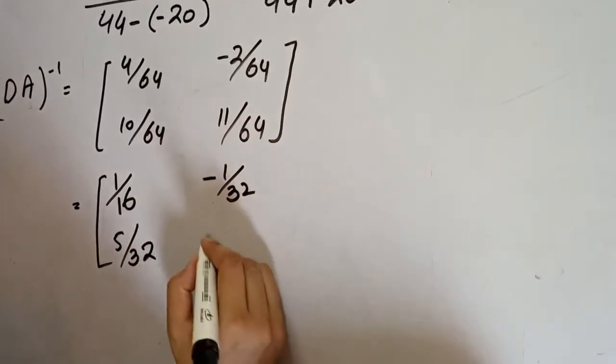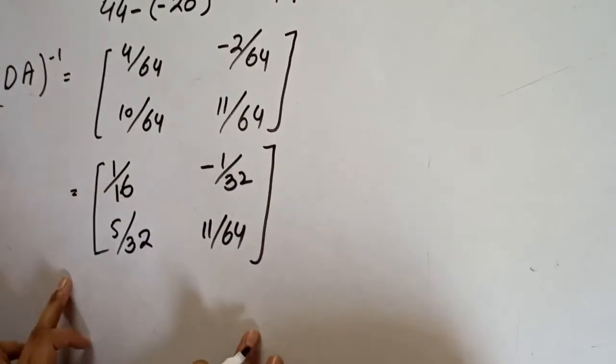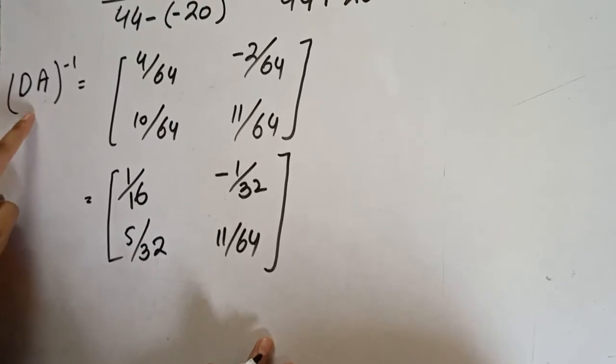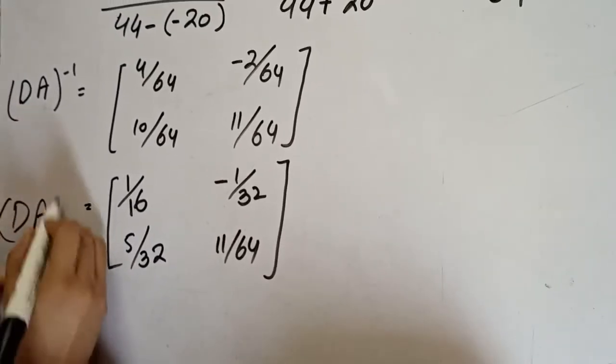And 11 over 64 cannot be simplified more. So this is the left hand side: we have found the inverse of the product of the two matrices, DA.